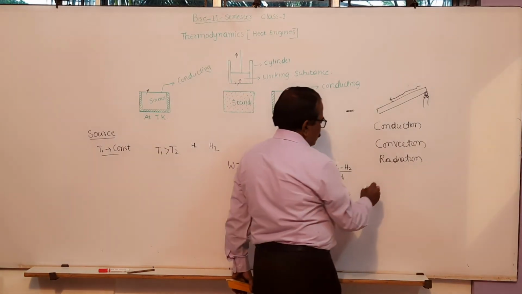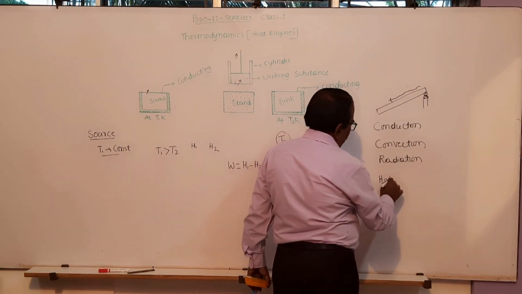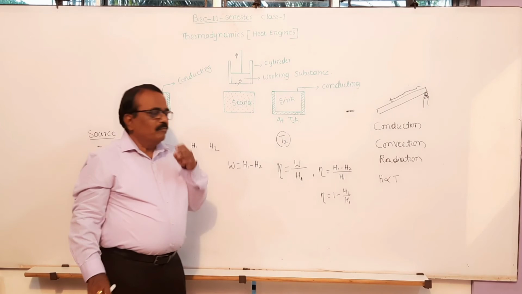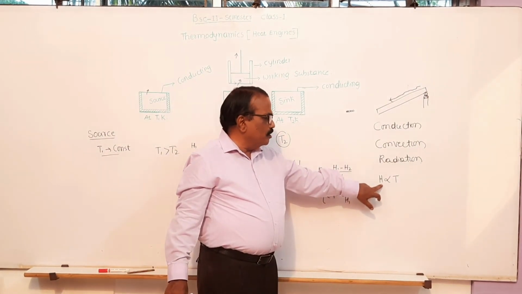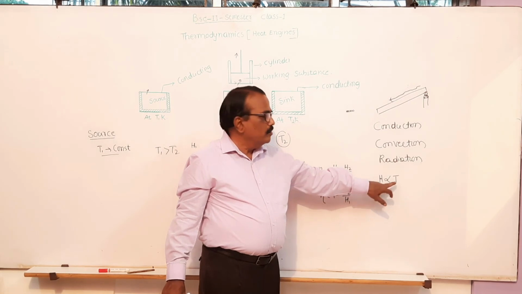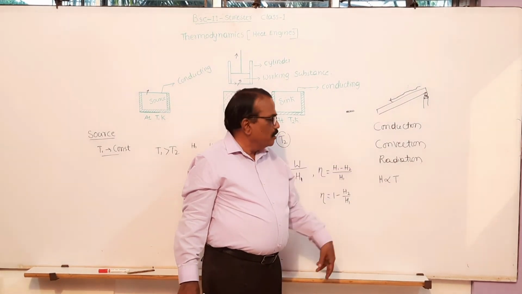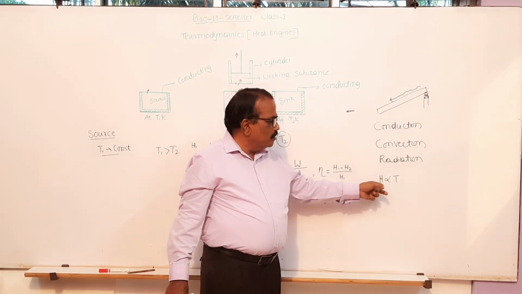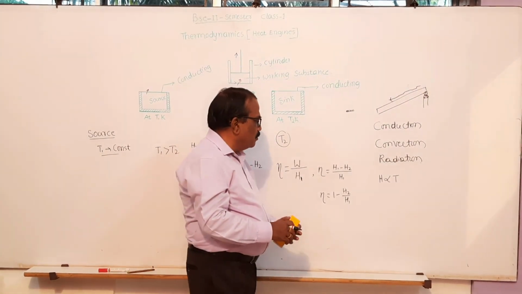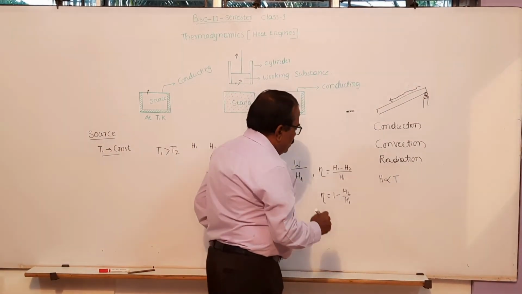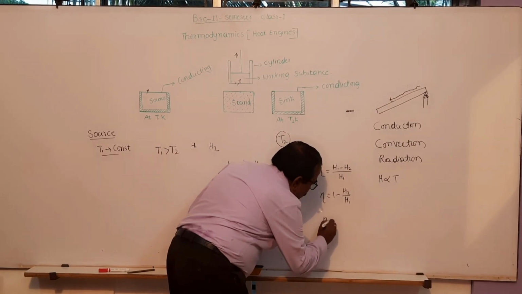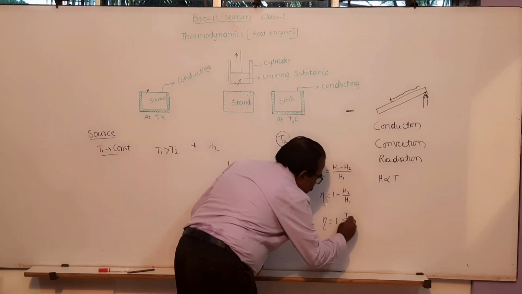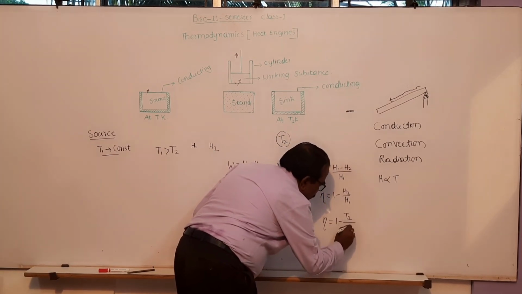As we know, H is proportional to T. If the amount of heat supplied increases, temperature increases. If heat is taken away from the system, temperature decreases. On this basis, I can write one more expression for eta: eta is 1 minus T2 upon T1, in place of H2 and H1.